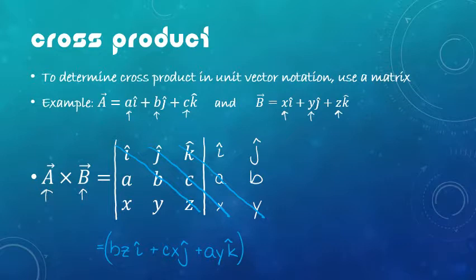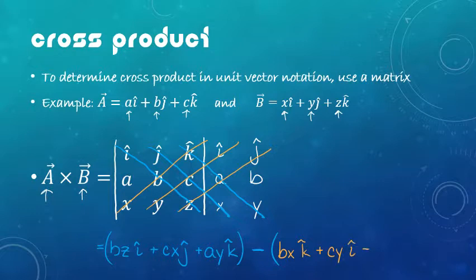Then I'm going to subtract what I get when I go the other way with my diagonals. In other words, my three diagonals are going to look like that. So B, X, k hat, plus C, Y, i hat, plus A, Z, j hat.